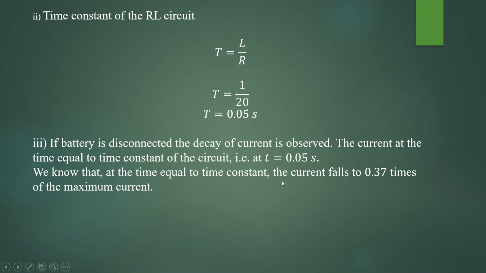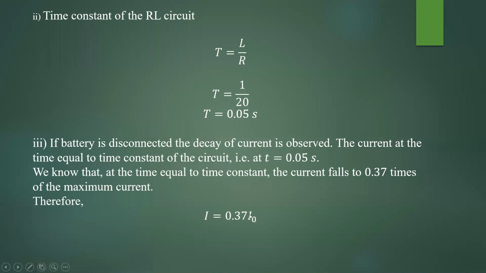We know that during decay of current, at a time equal to the time constant of the circuit, the current will decrease to 37% or 0.37 times the maximum current. What was the maximum current? It is 2.5 ampere. Therefore, at the time t equal to 0.05 second, the current will be 0.37 times I naught.